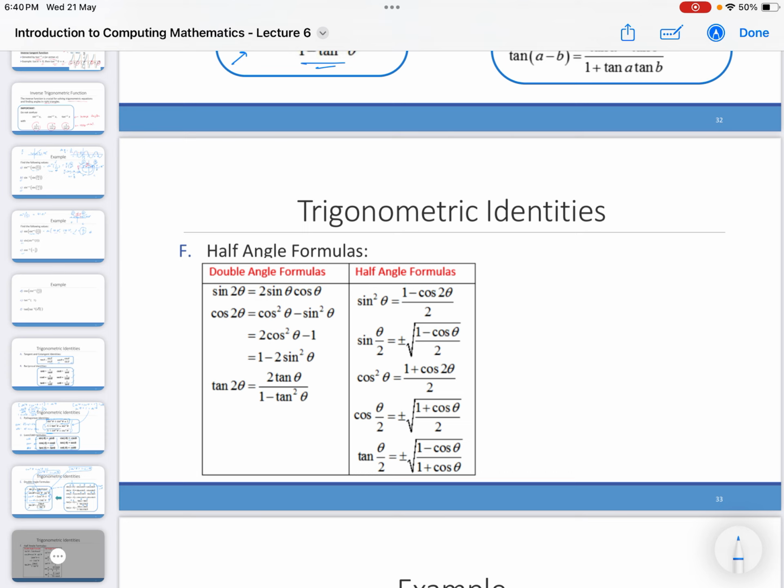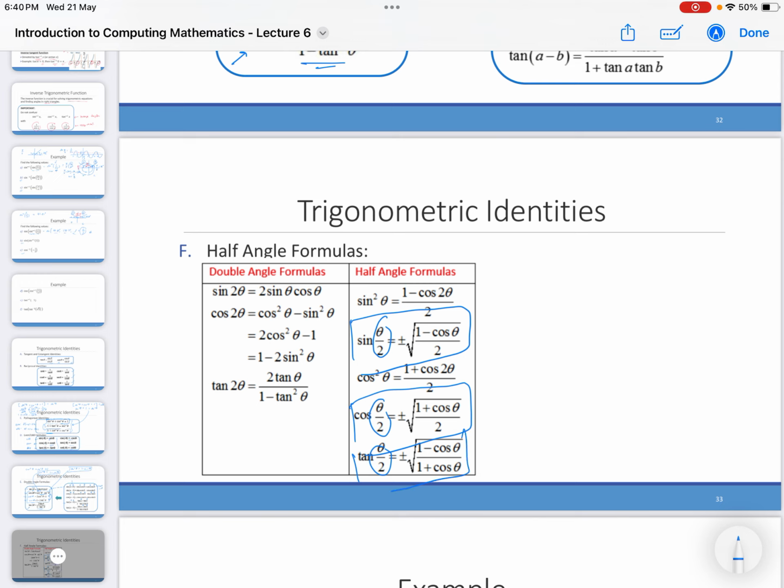Okay, the last one is the half angle formula. We call it half angle because over here it is the half angle, theta over 2. Basically these are the half angle identity formulas.